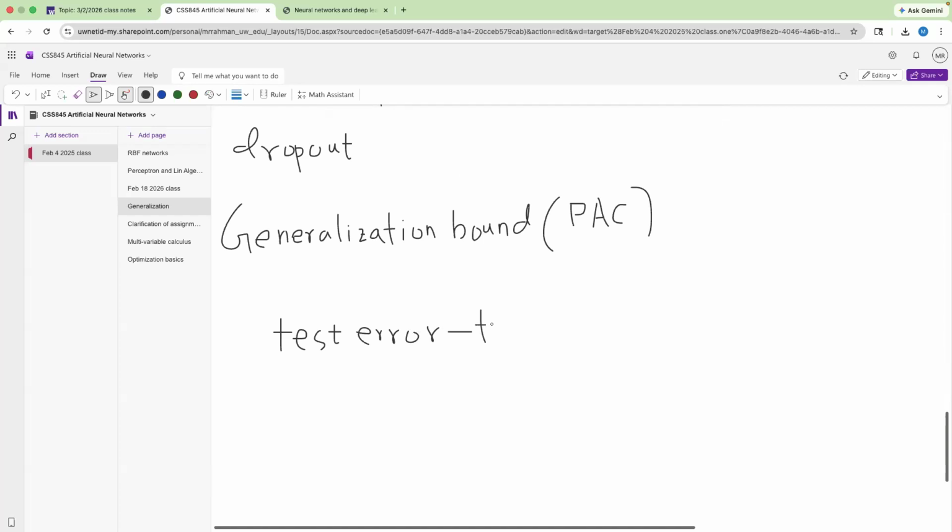So we can say that our generalization error is the difference between the train error and the test error, right? And this is a positive number because the test error is always greater than the train error. But we can actually bound this.